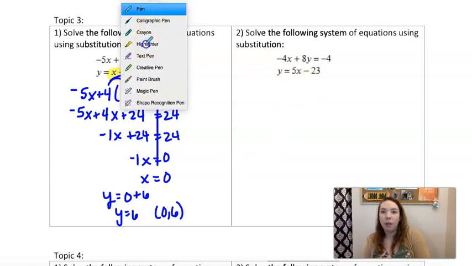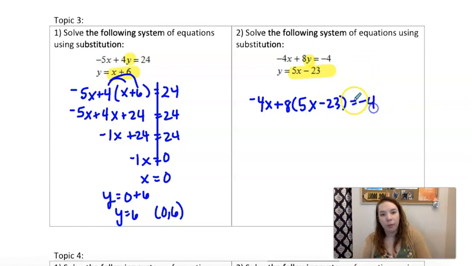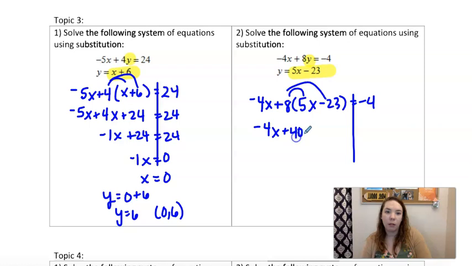Okay, same thing on this one. -4x plus 8. And then in parentheses, 5x minus 23. So we'll have to distribute. -4x plus 40x minus 184.